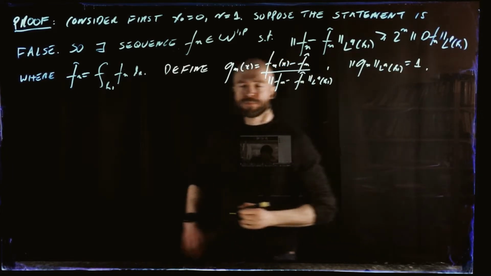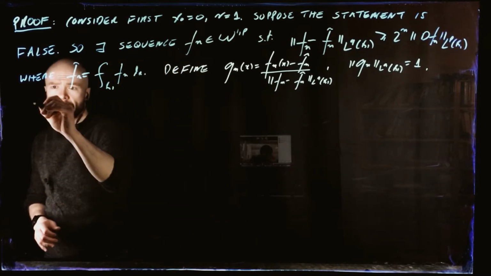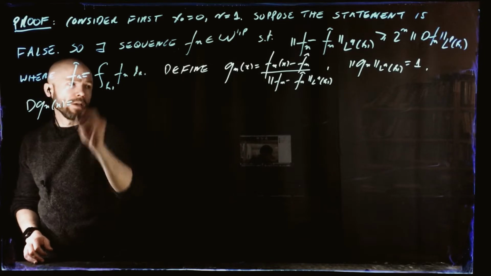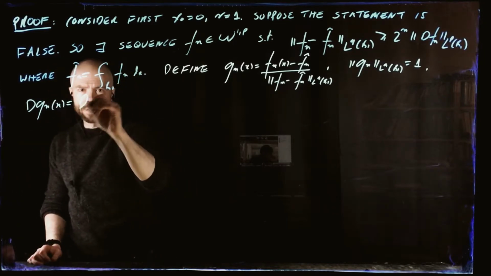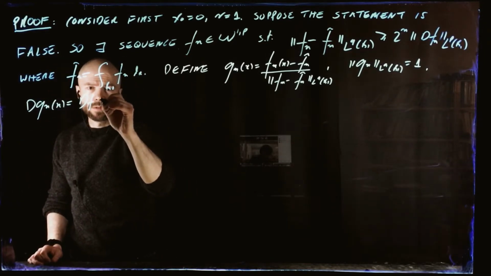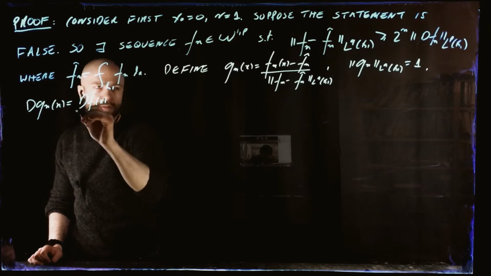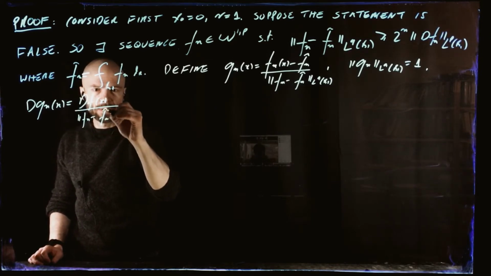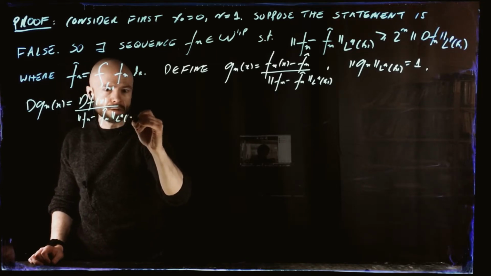Yeah? And we also know that if we take the gradient of this guy right here, then we're just going to have the gradient of f_n over this constant, the L^q norm of f_n minus its average, which would be 1.